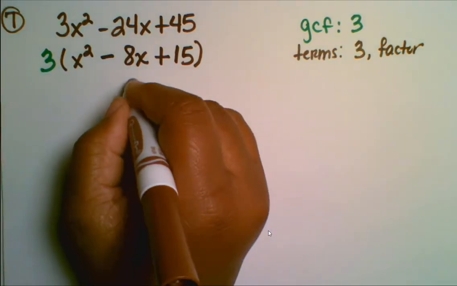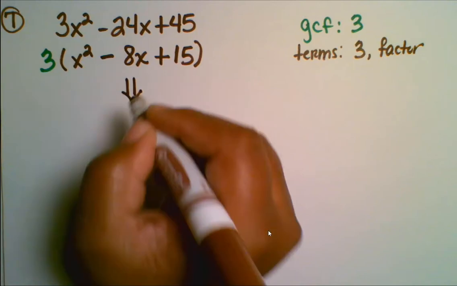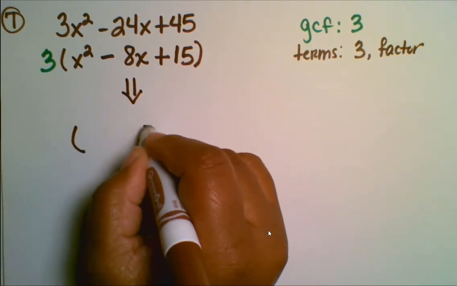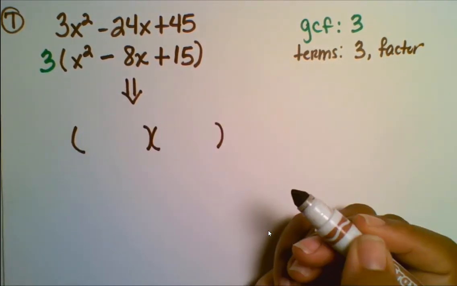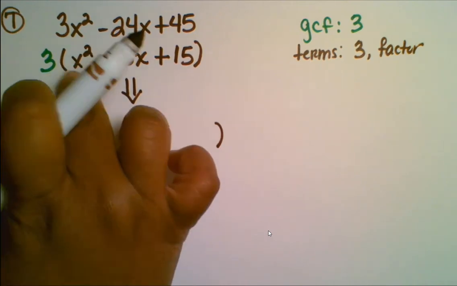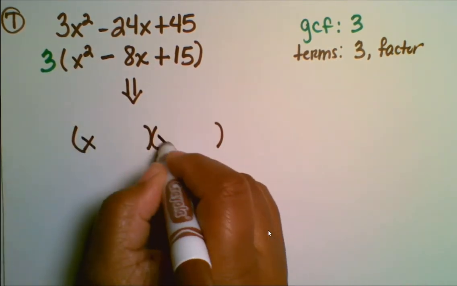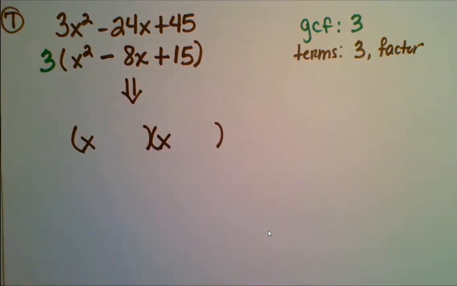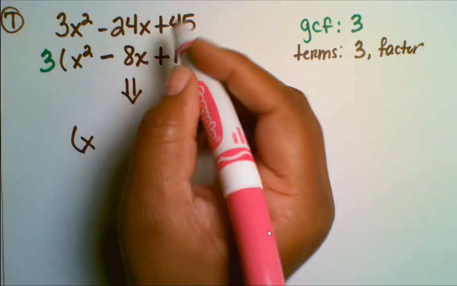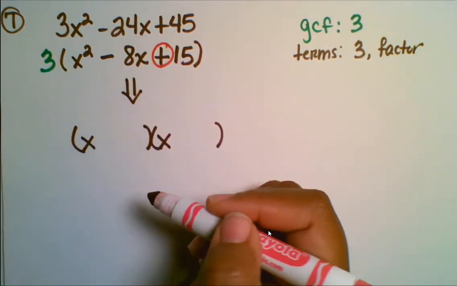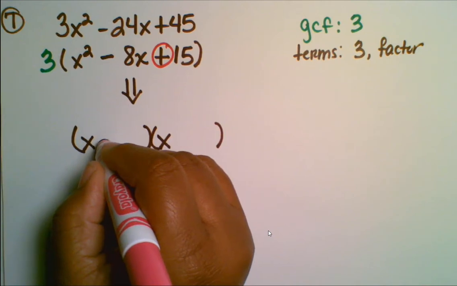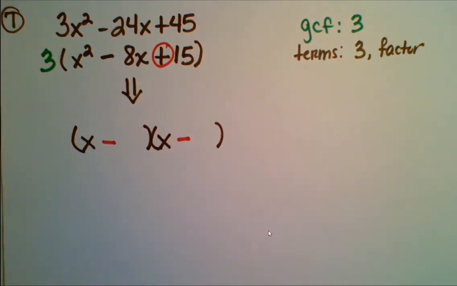So let's set up our template. Two sets of parentheses. Fill in the variables. We have x and x. The sign of the last term is positive, so we're going to have the same signs. So it means we're going to have 2 negatives in the parentheses.